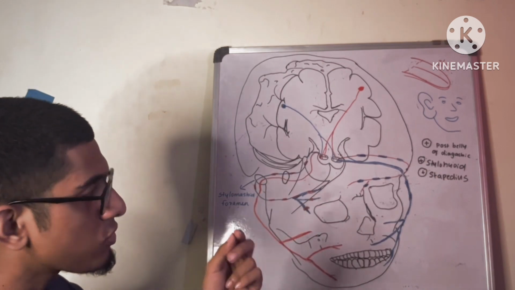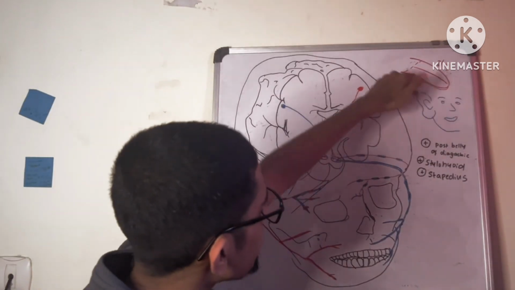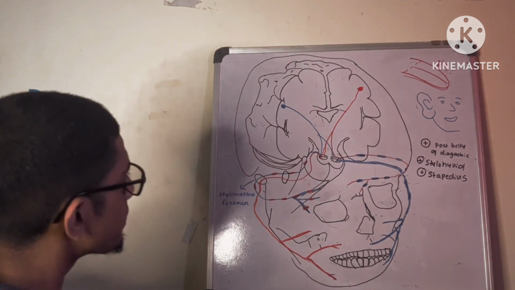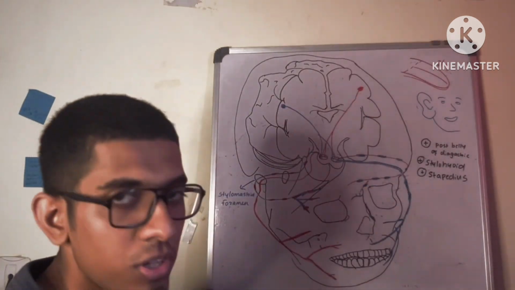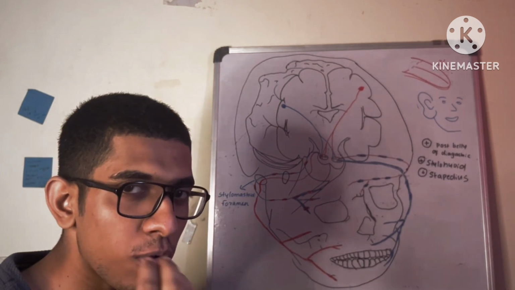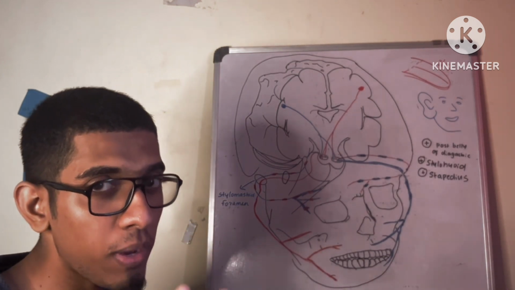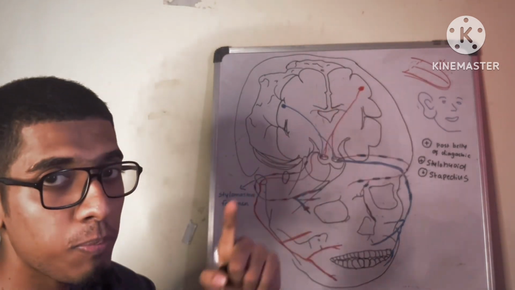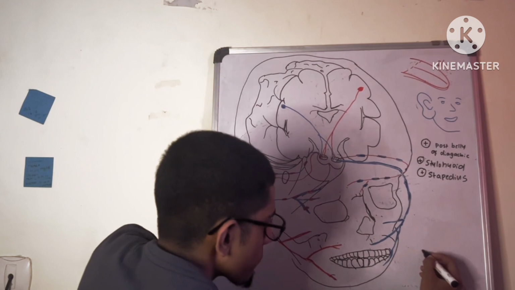So that branch gives supply to the anterior two-thirds of the tongue. If you get a facial nerve palsy, you might lose taste. That branch is the chorda tympani.